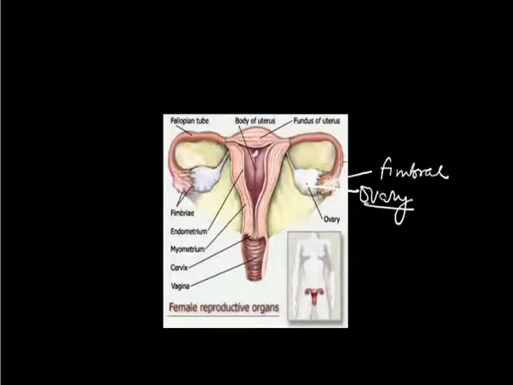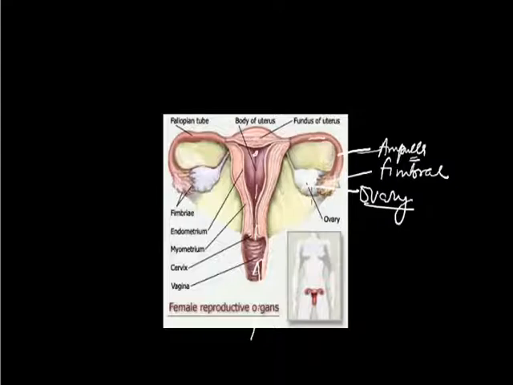Starting from the fimbriae, this fallopian tube has the ampullary part, the ampulla, where fertilization actually takes place. When coitus occurs, the sperms are transferred into the vagina. From here they start traveling with the help of the undulating movement of the sperm tail, and finally reach the oviduct or fallopian tube.